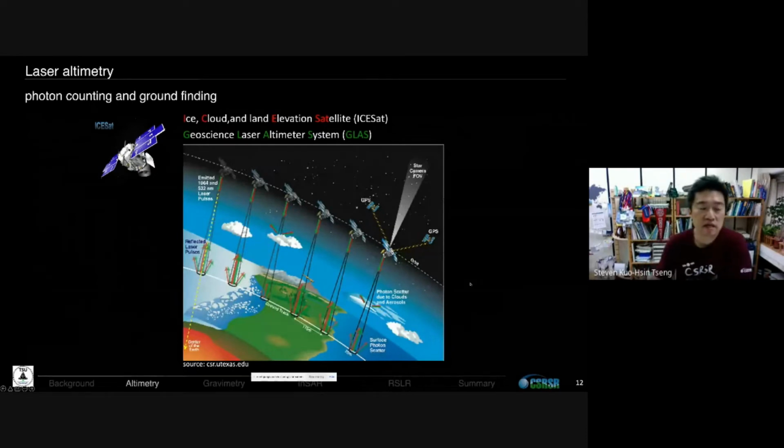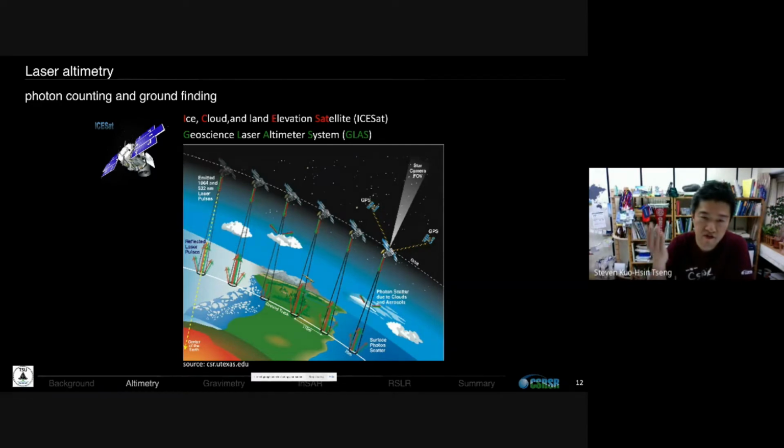Okay, so this is a laser altimeter. Earlier we had ICESat, some 15 years ago. It measured the height of different layers. Because it uses visible light, which is not in the atmospheric window, it will reflect from the cloud top.